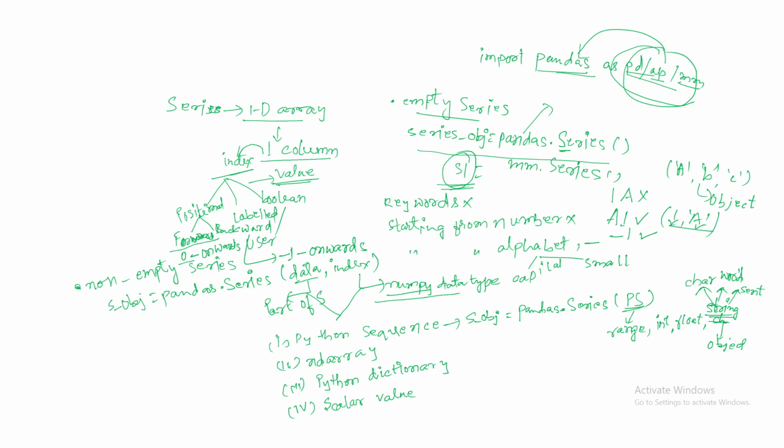Okay, so for example, a Python sequence example: first you will write import pandas as, suppose I have written pd. Now you create a series object, suppose S2 equal to pd, because I have taken it as the alias name of pandas, dot Series, because we are creating a series.